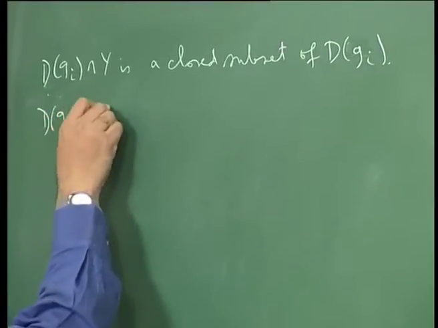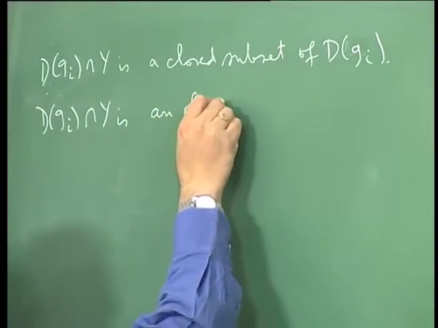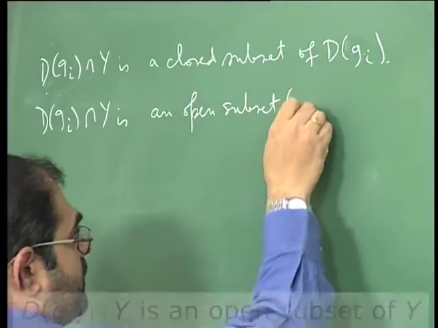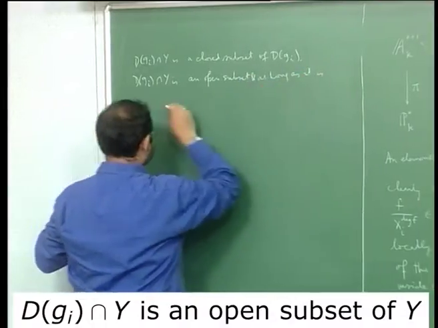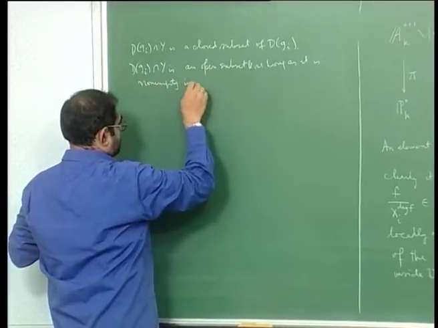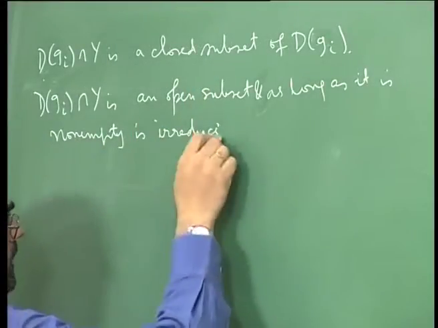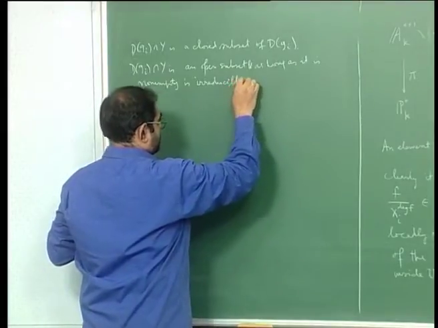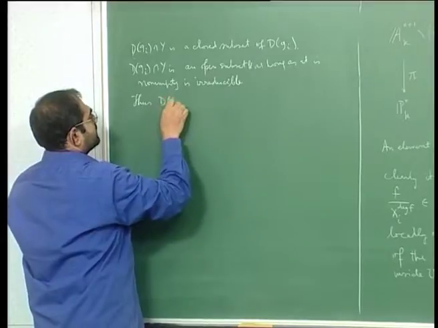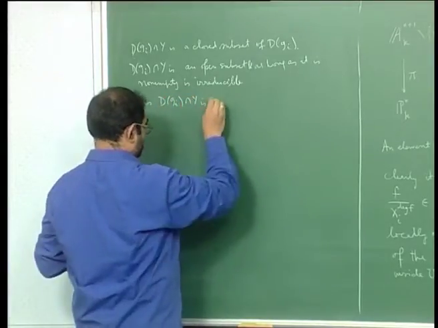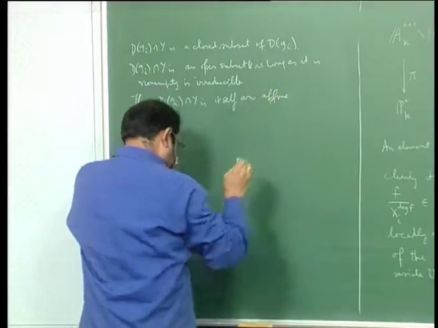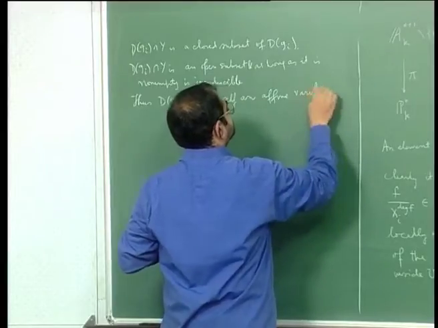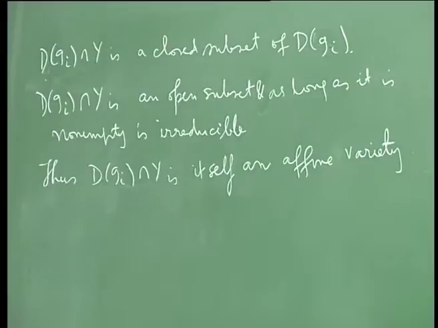D(gi) intersection Y is an open subset of Y, and as long as it is non-empty, it is irreducible. Thus D(gi) intersection Y is itself an affine variety, because it is an irreducible closed subset of an affine variety, or something that is isomorphic to an affine variety.